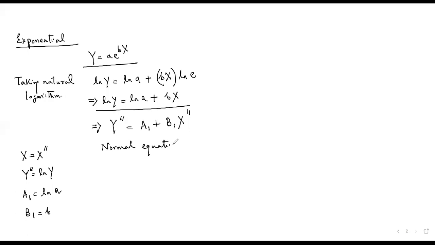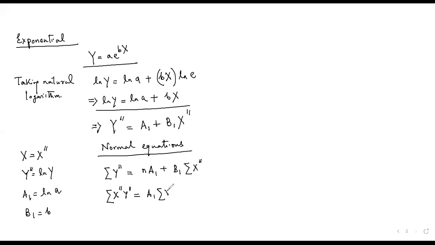You can form the normal equations, and the corresponding normal equations will be: summation y double prime is equal to n into capital A1 plus b1 into summation x double prime, and with both sides multiplied by x double prime, we write summation x double prime y double prime equals A1 summation x double prime plus b1 summation x double prime squared.